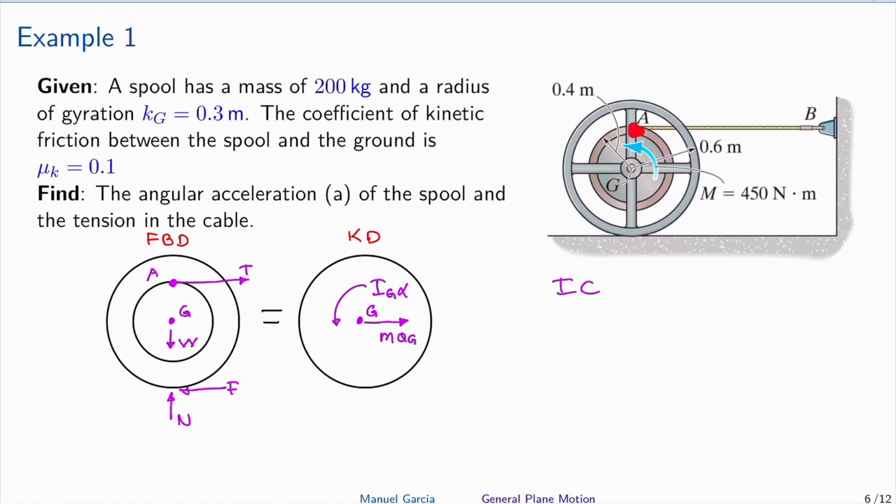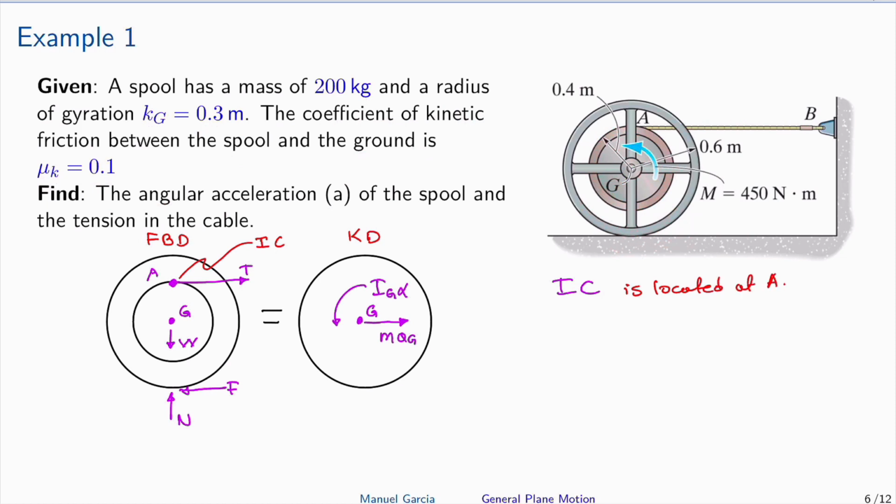But if we look at this point A, it has zero velocity, because this is acting like the ground, so it is rolling on the cable. So the IC is located at A.